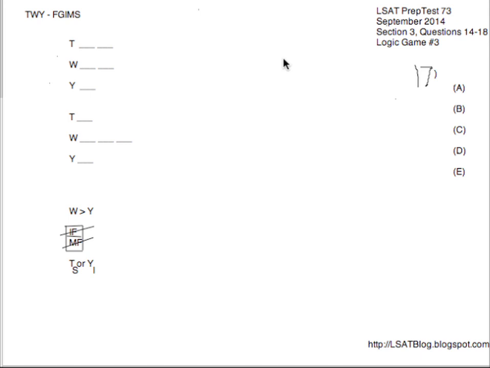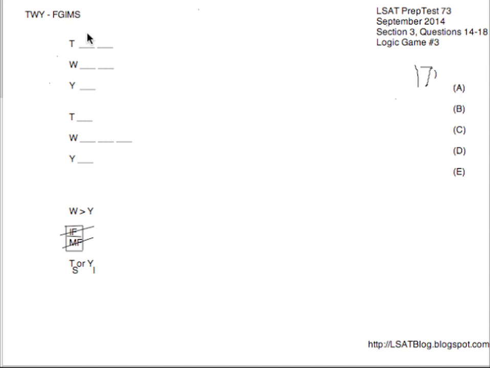Next, number 17, if a family owned both G and I, what could be true? So we actually know that T cannot be that family because for the same reason number 15 was D, T could never have I without having S as well because of that third rule of the game.